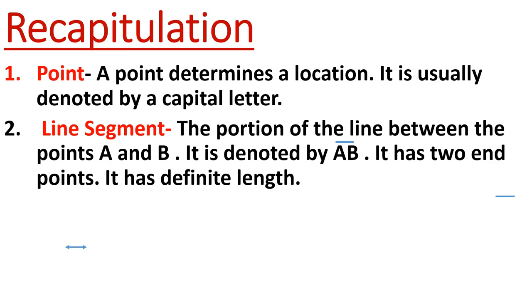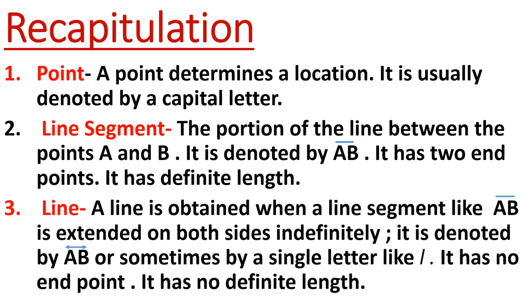After that, we have done line. A line is obtained when a line segment like AB is extended on both the sides indefinitely. There is no definite end, and then it is called a line.